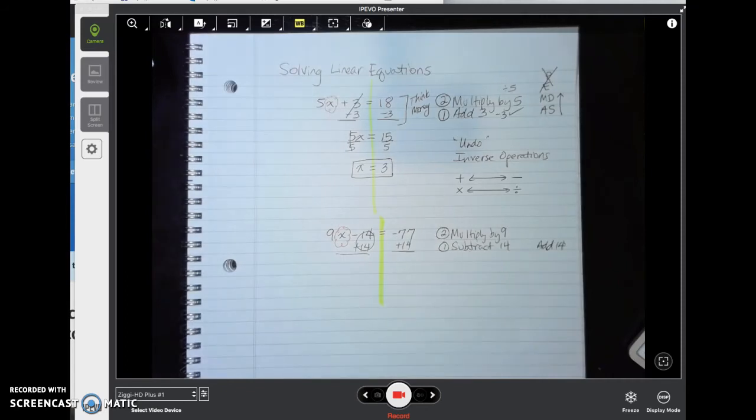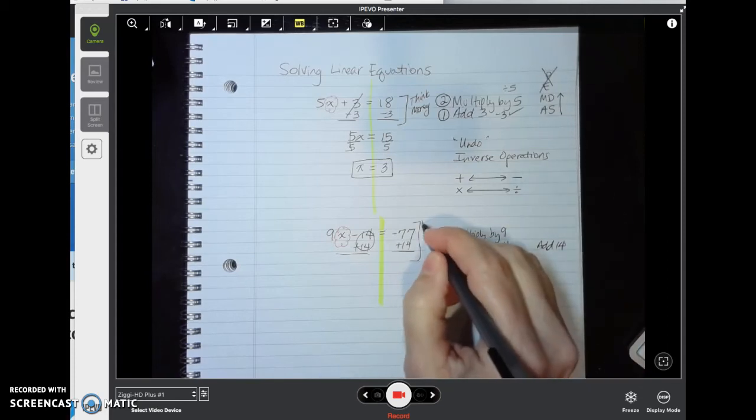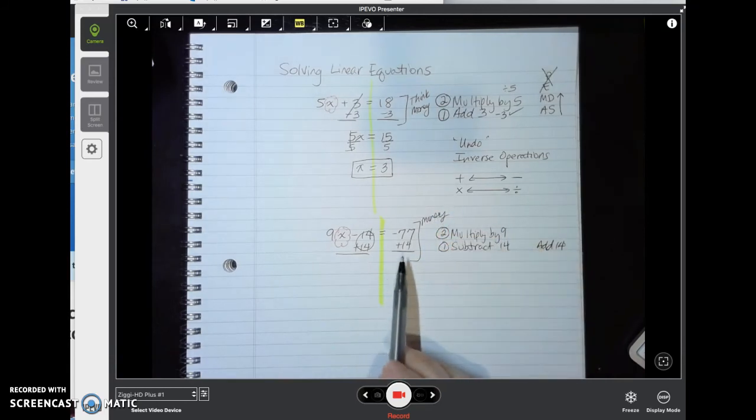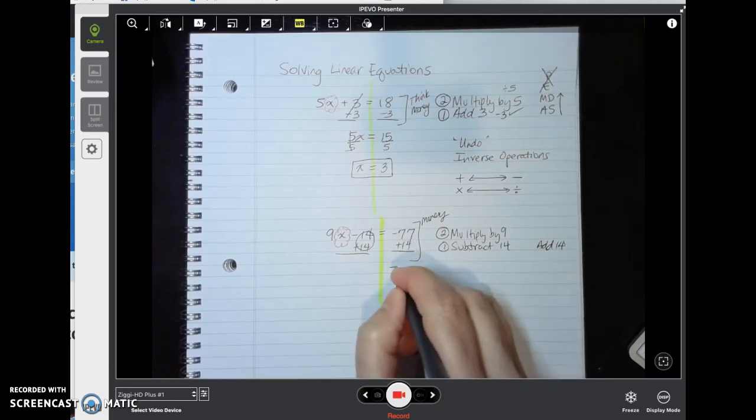And so on the other side, like I've said many, many times, you need to think money. Think of money, okay? So what this is saying is that I have $14, but what I want to buy at Walmart is $77. So I am short.